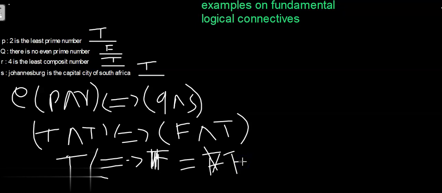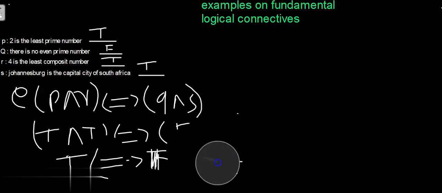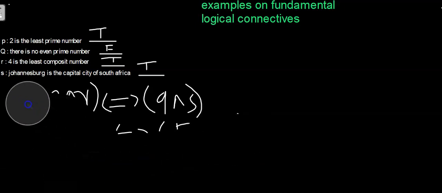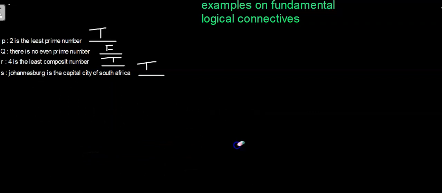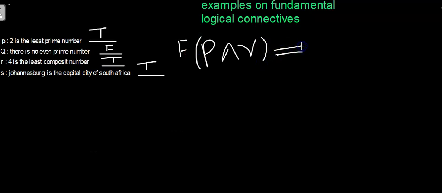Let me do one question with the by implication, and then we also gonna go through some other questions. So let me just say that P and R, I think this will be F. So P and R by implication Q. I just want to make it easier because we gotta do a lot of other questions too.